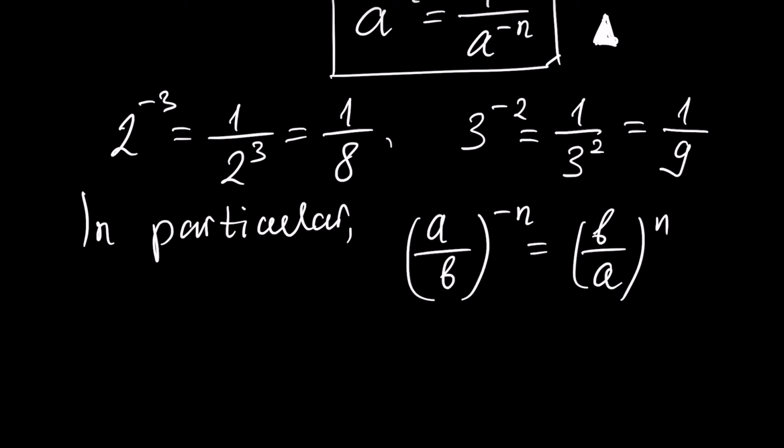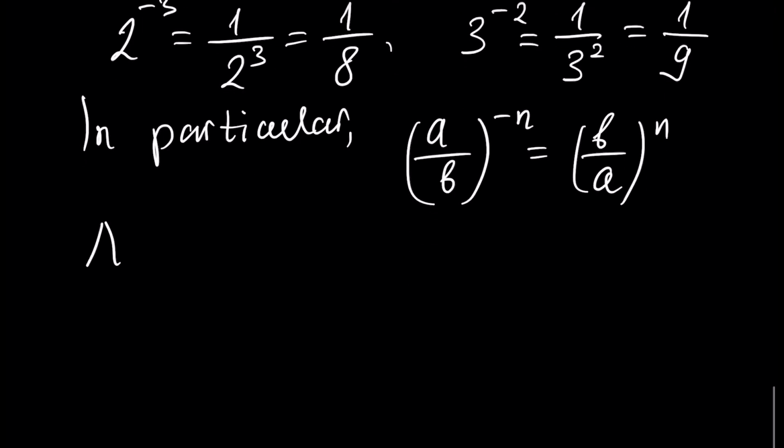So we write a positive exponent, we change the sign of our exponent, but we have to interchange numerator and denominator. Let's prove this result. It's quite easy. Let's begin our proof.